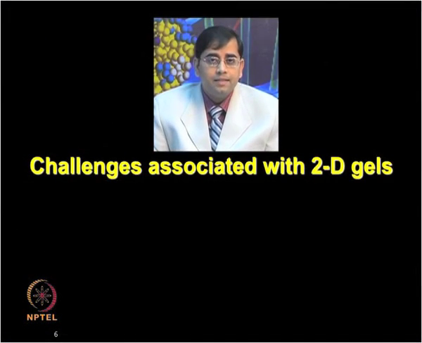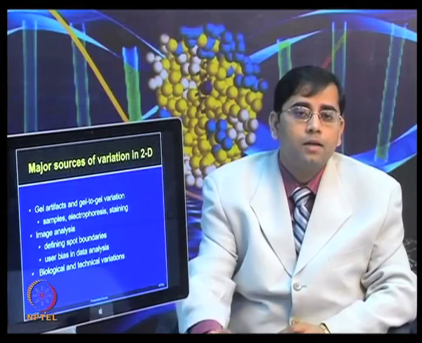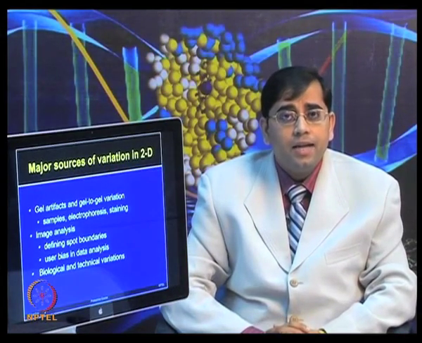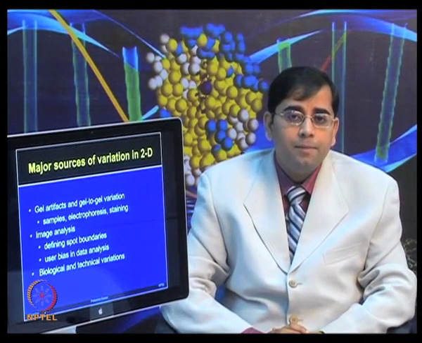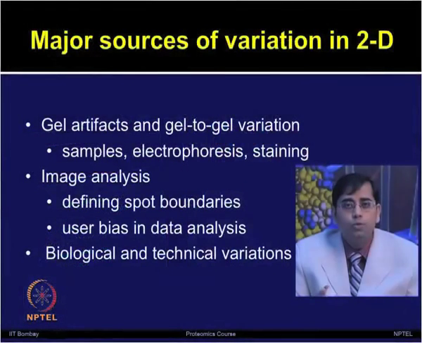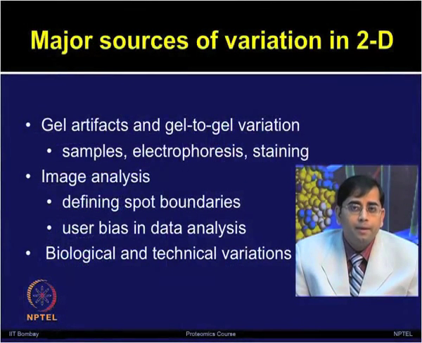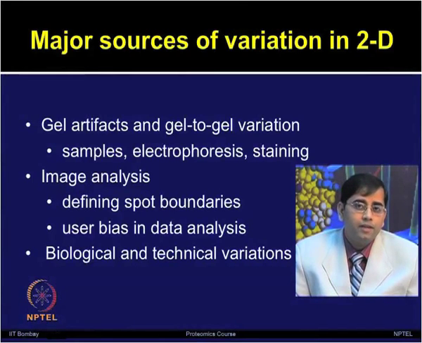There are various challenges associated with two-dimensional electrophoresis. Mainly, gel artifacts are a major limitation. How to compare two gels, how to minimize the variations. Often during the electrophoretic run there is a lot of run to run variation. Then you have different types of technical and biological variations.